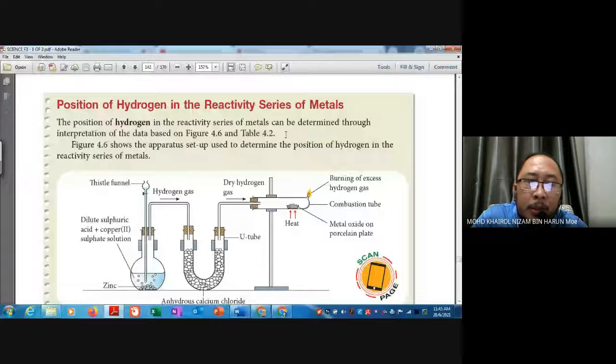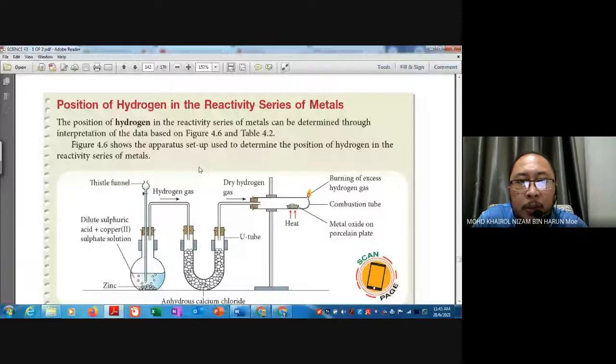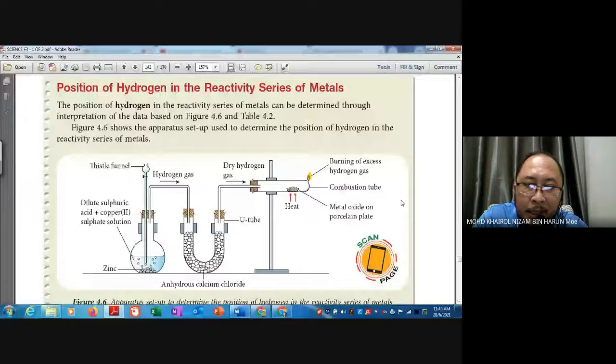The activity for this experiment is quite different from the activity to determine the position of carbon. If you can see this diagram, how to understand and remember this? I hope you can remember. I will try to explain as simply as I can.